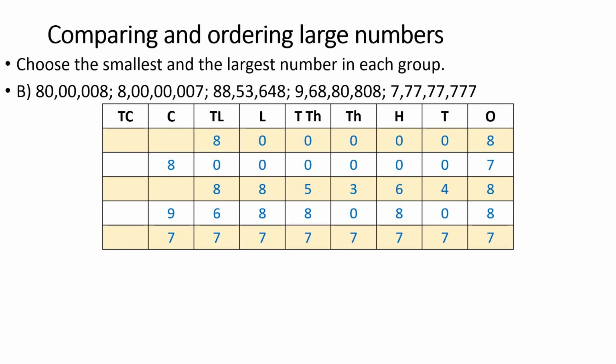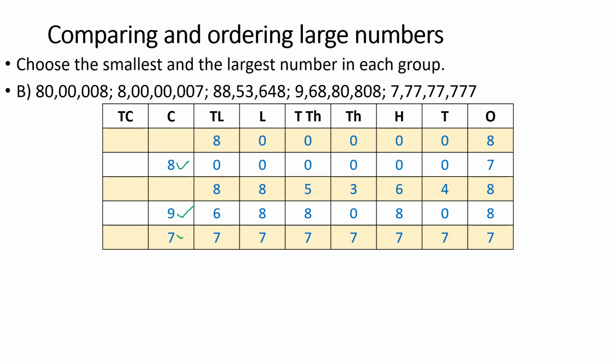Now we have to find out which is the largest one. So according to the rule, at first we will see the number of digits in all the numerals. See, here are 8 digits in these three numerals. This one, and this one. 8 digits, right?